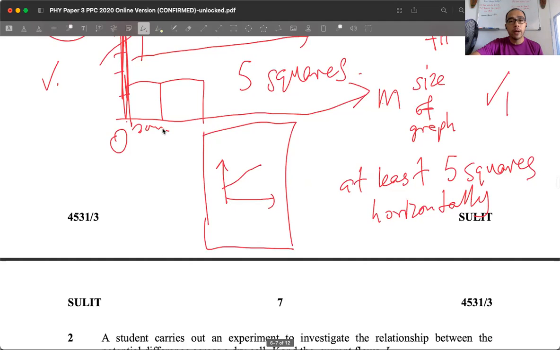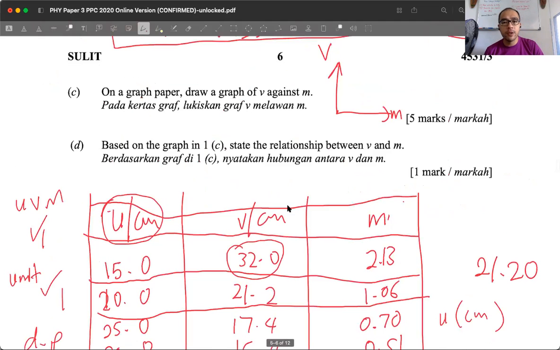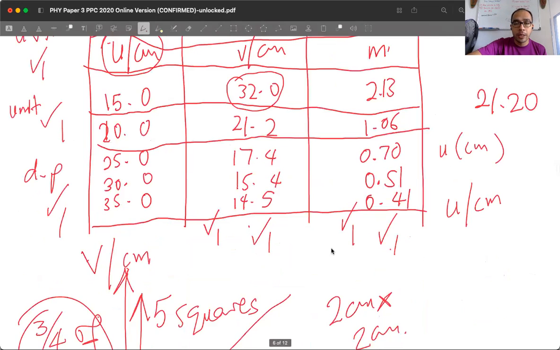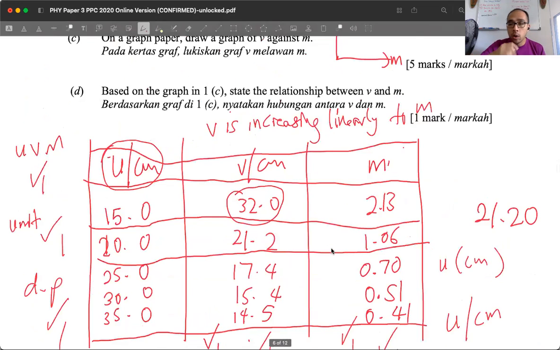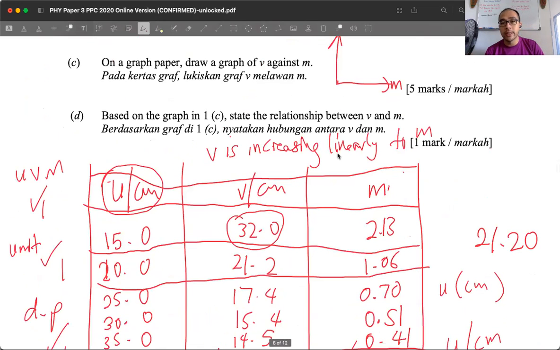Okay, all right. Based on the graph in 1C, state the relationship between V and M. The relationship will be V is increasing linearly to M because of the shape of the graph. I don't award marks if you just write the word increasing linearly.